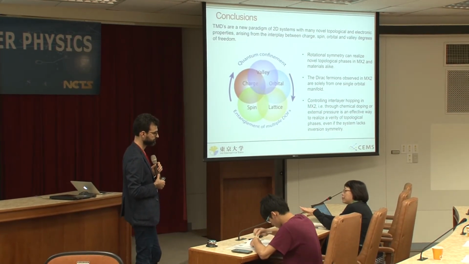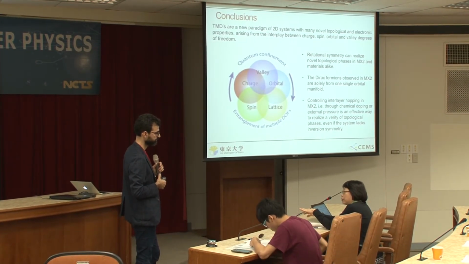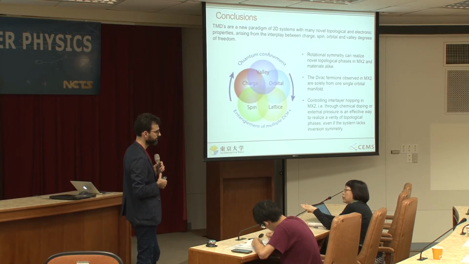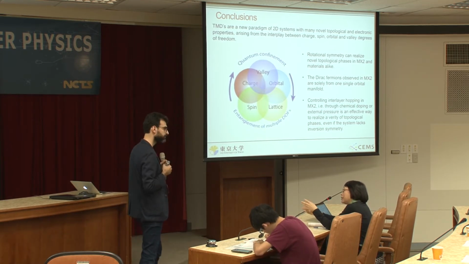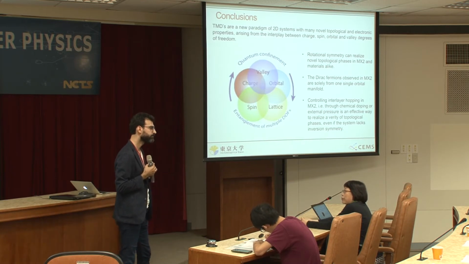Just wondering, because for the TMDs, the conduction band edges and valence band edges are all mainly d orbitals. So the correlation in d orbitals may be different from the correlation effects in the free electron gas. Does that matter, or your results seem to be quite good, surprisingly good.